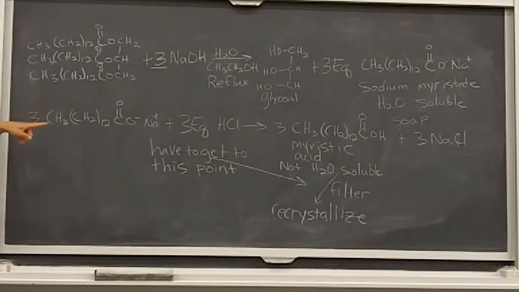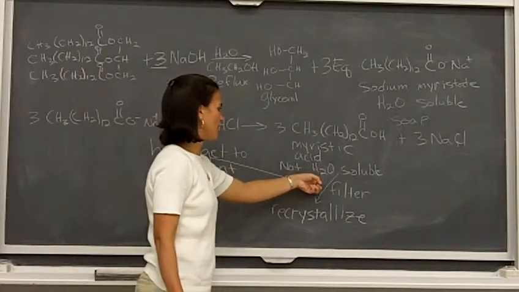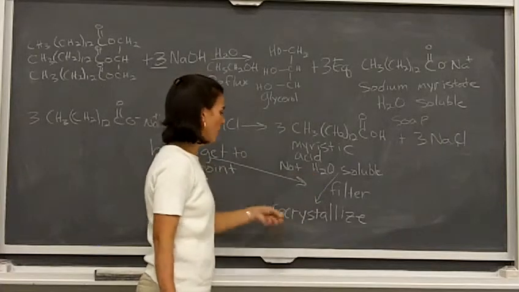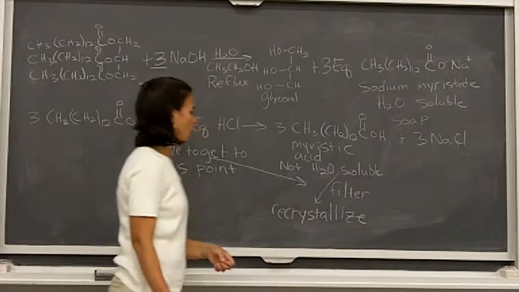Don't leave it basic. Protonate it with the HCl and then make sure you filter it. You have to get to the point that you filtered that solid, okay? Otherwise, this mucky slime forms and it's really hard to then collect later, okay? So make sure you get to the filtration here, that you have that solid myristic acid. If you have time, then go on and do the recrystallization as well, all the better, okay?